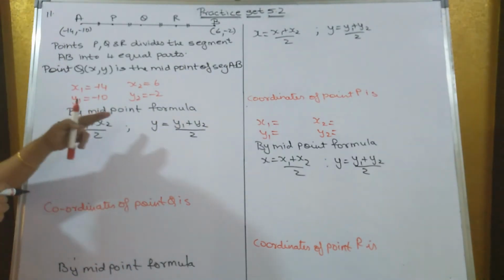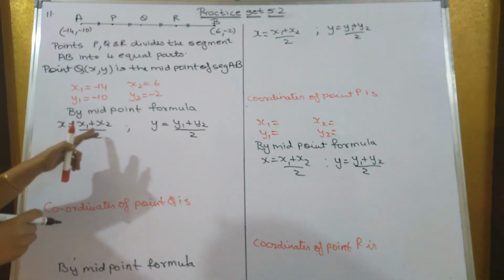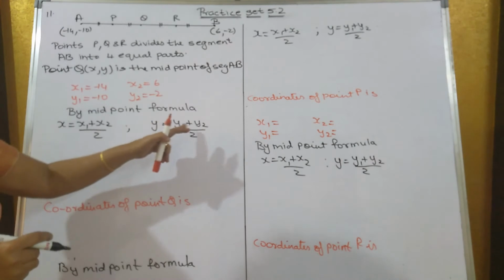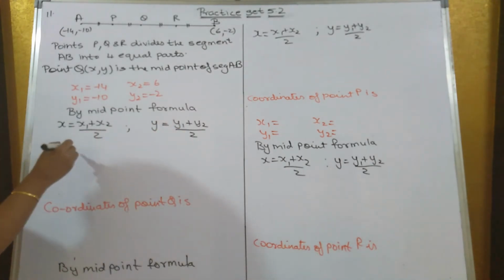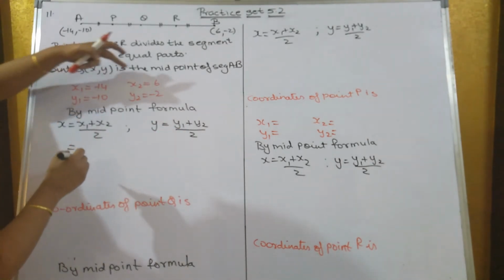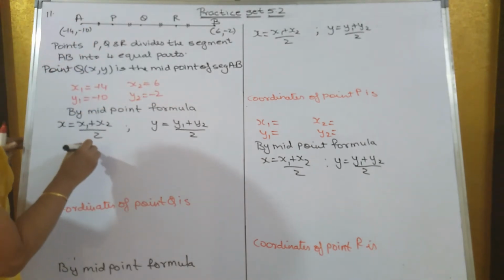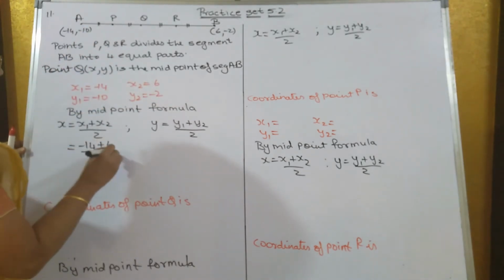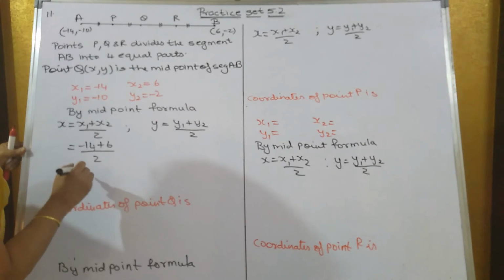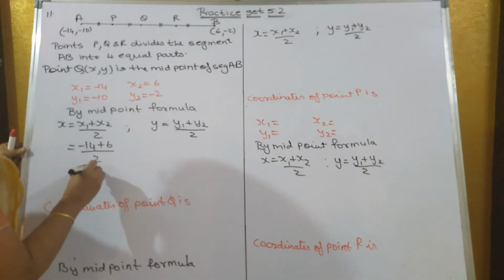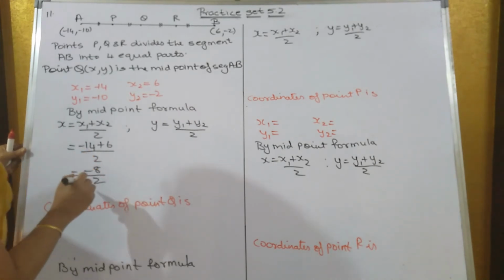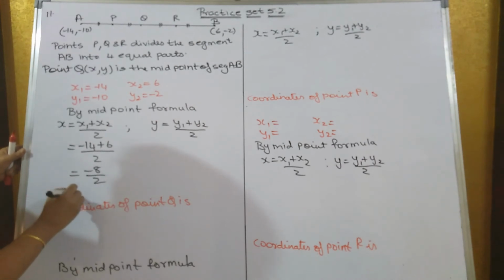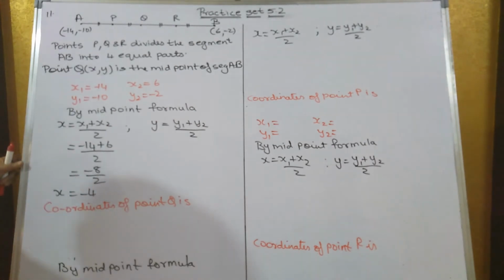Therefore, by midpoint formula, x is equal to what? x1 plus x2 upon 2, and y is equal to y1 plus y2 upon 2. That is equal to minus 14 plus 6 upon 2. So that is equal to minus 8 upon 2. So that's equal to, x is equal to what? Minus 4. Now y is equal to what?